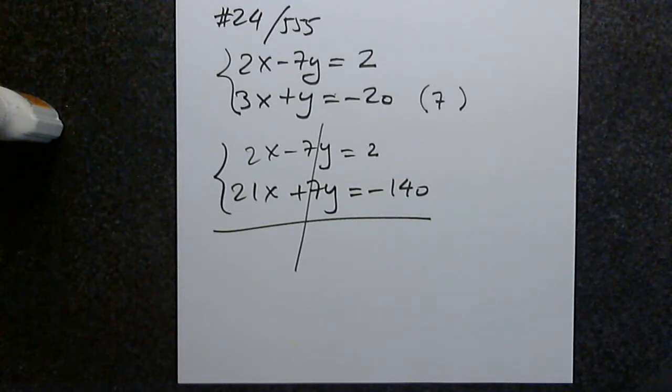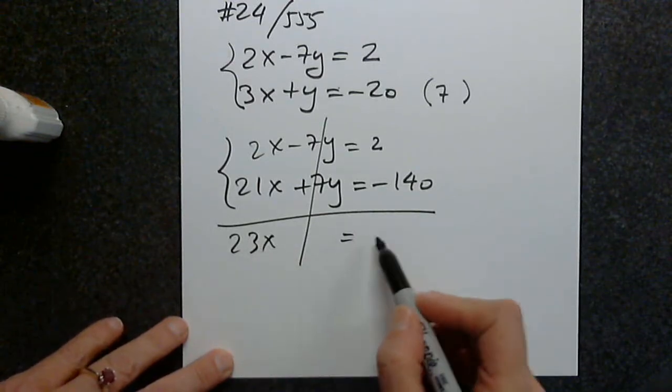On one side it looks like 2x minus 7y, and on the other side it looks like 2, but they are the same. I'm allowed to add 2 to both sides in any form. Adding 2 to both sides of an equation will not change anything. But on this side, I don't want to write 2. I want to write 2x minus 7y, which is 2. That's what I need to eliminate the y.